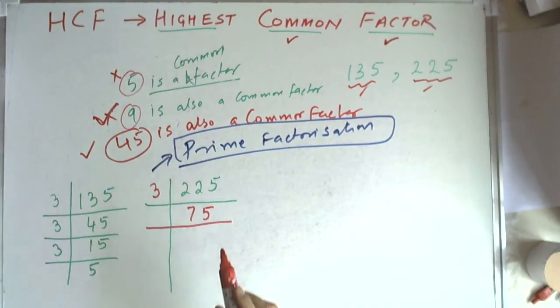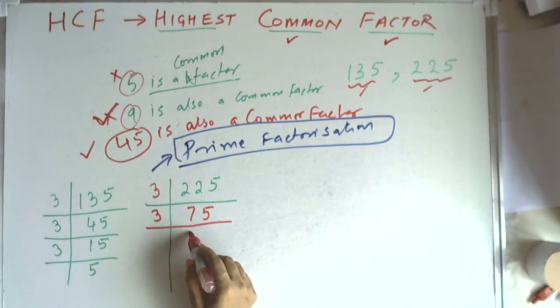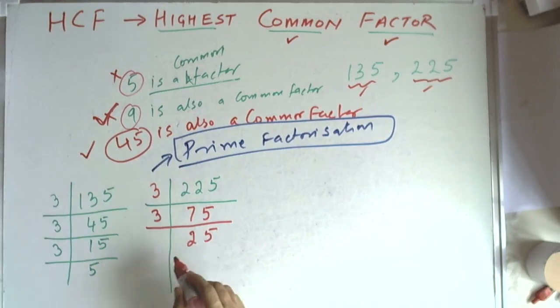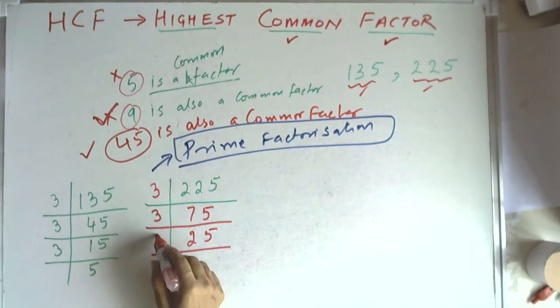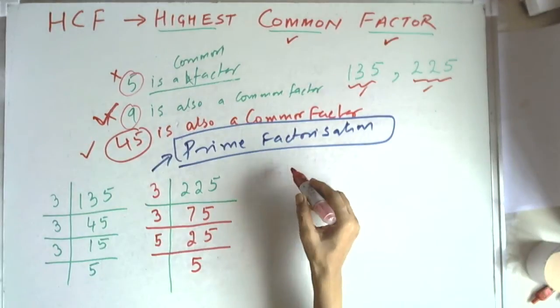Then again 75 we try to divide. It gets divided by 3. So we get 25. Now 25 doesn't get divided by 3, but it gets divided by 5. Like this.